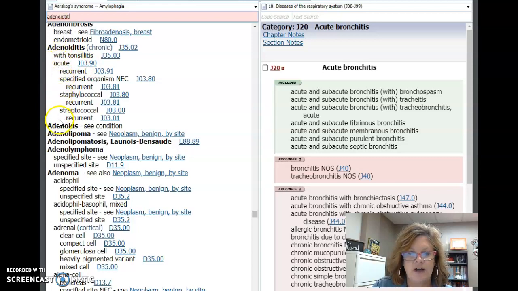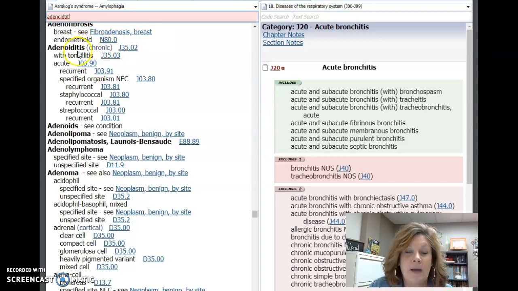So once again, if it's acute and chronic and they're listed below the main term at the same indentation level, I code them both. If chronic is up here behind the main term and it says acute and chronic adenoiditis or whatever condition they have, then I only code the acute. Let's say acute's up here in parentheses and it was acute and chronic together.